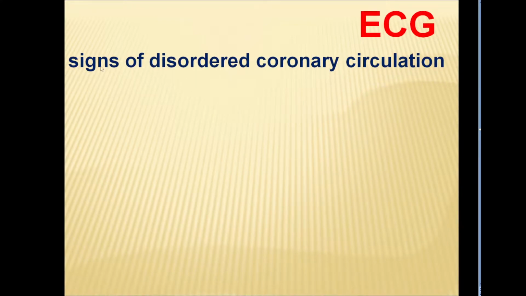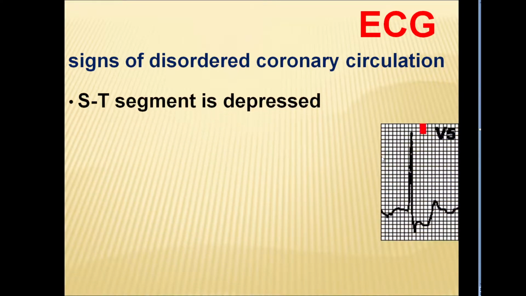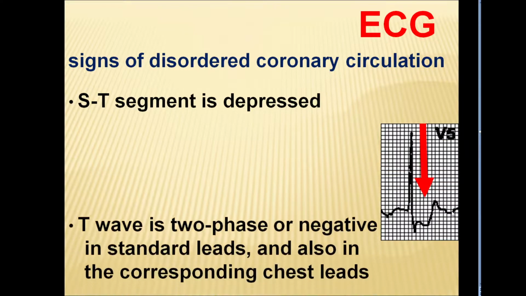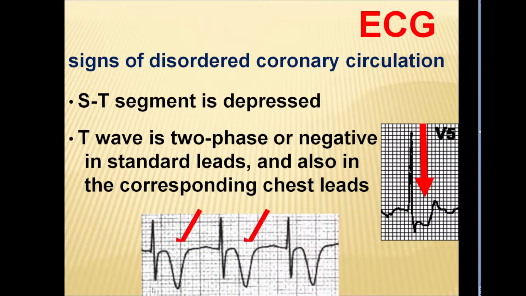On ECG, signs of disordered coronary circulation appear only during attacks of pain. We can reveal displacement of the ST segment below the isoelectric line, that is depression, and some pathology of the T wave. It may be negative or two-phase, sometimes sharp, but it appears only during attacks of pain.